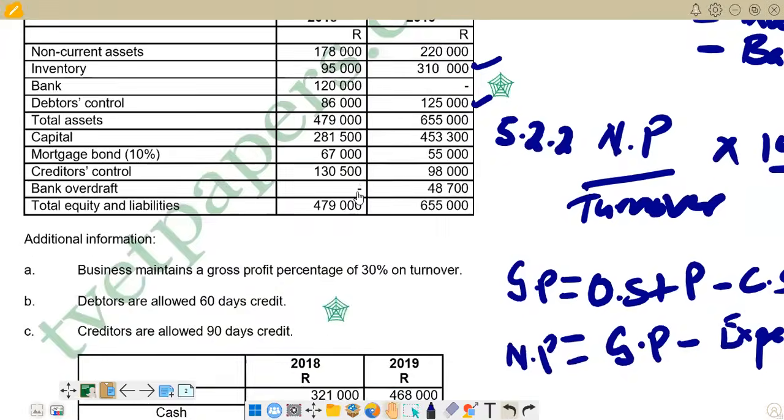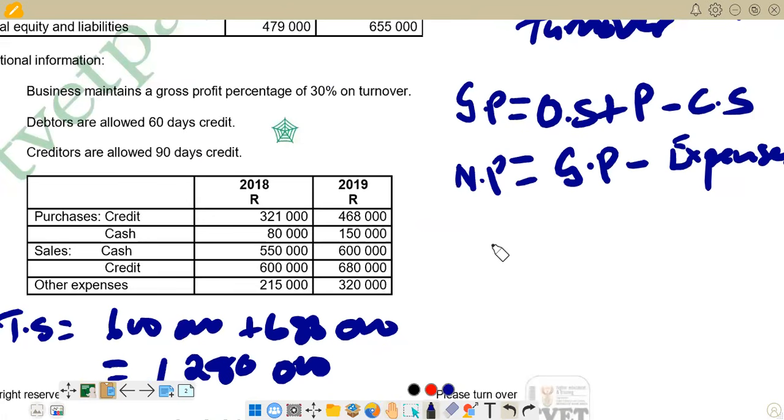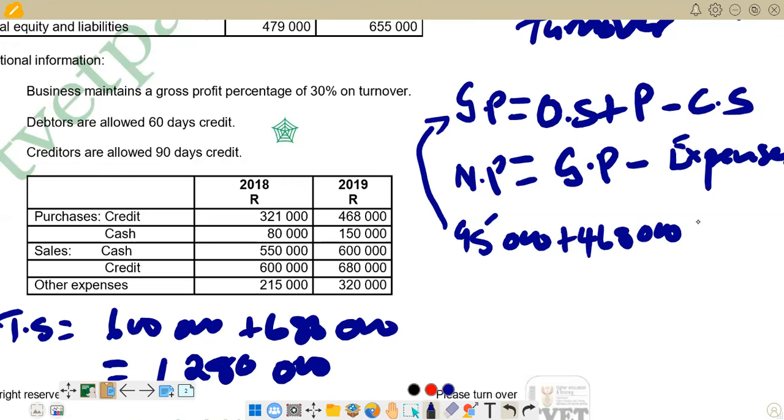So we are coming here. We are saying opening stock is 95,000. This one we are substituting into this formula, 95,000, and then we add purchases. Remember, for our purchases we've got cash and credit, and we add all of them, which is 468,000 plus 150,000.